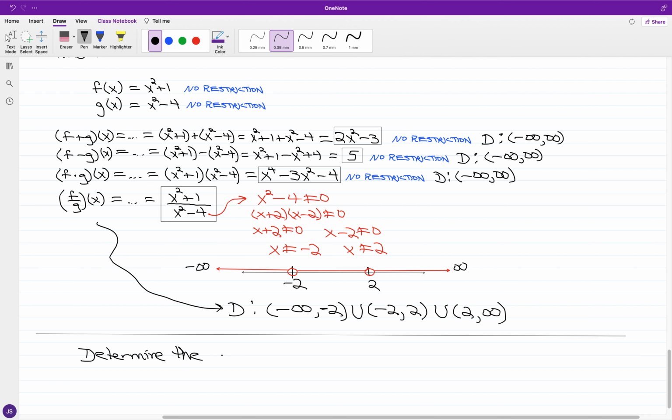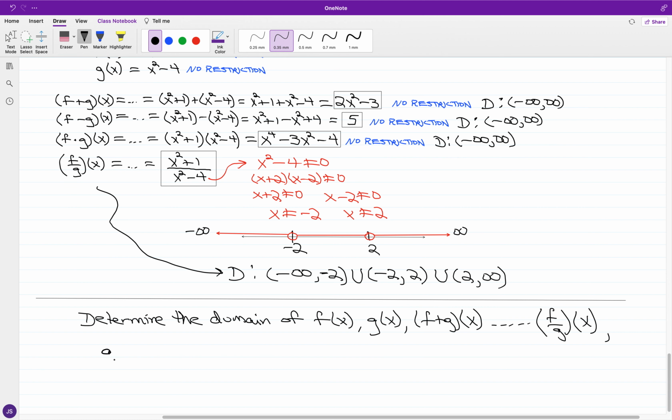So you had determined the domain of f of x, g of x, f plus g of x, all the way out to the quotient function.